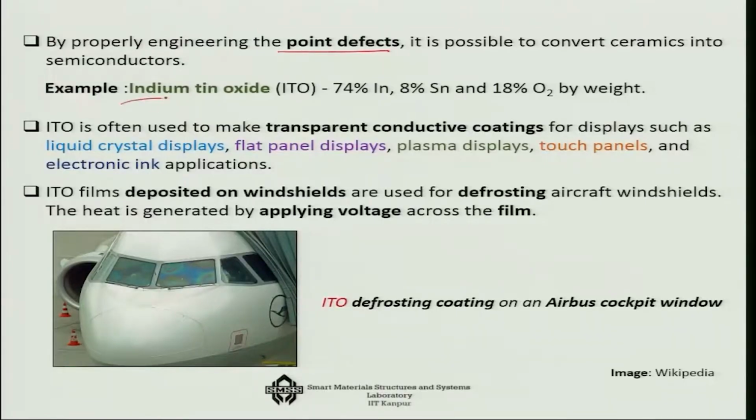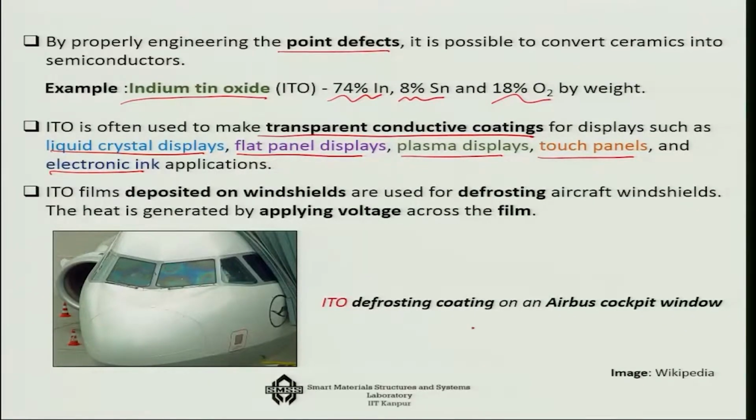For example, if you make indium tin oxide, ITO, which has 74% indium, 8% tin and 18% oxygen by weight. ITO is often used to make transparent conductive coatings for displays such as LCD displays, flat panel displays, plasma, touch panels and electronic ink applications.